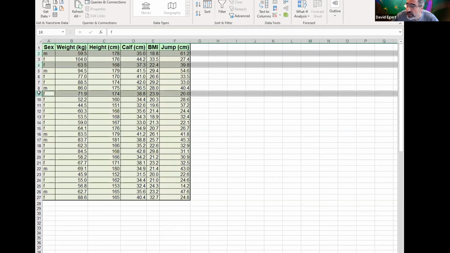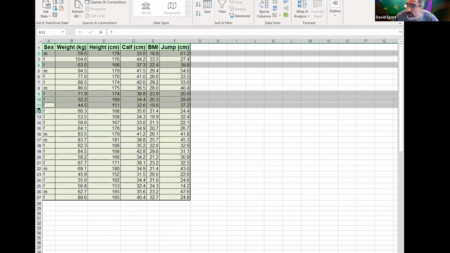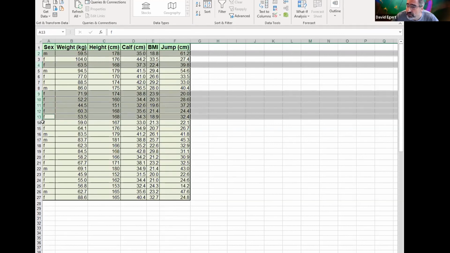This is a good one again, 23. So just pick the BMIs that are healthy, exclude the subjects with unhealthy BMIs, and just graph the calf versus jump for those people. That would be a way that you could check calf versus jump, but just for healthy BMI.